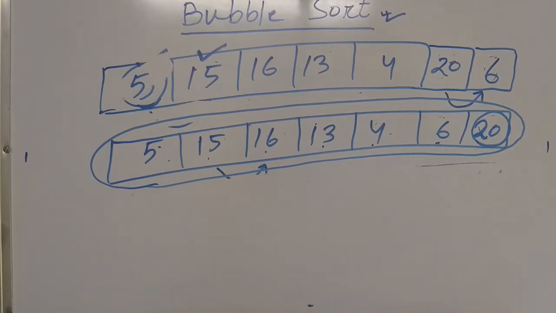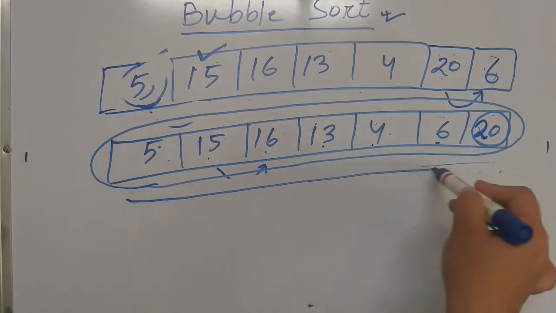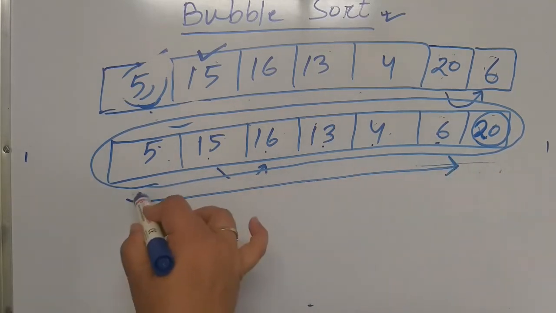After the first pass, the largest element, which is 20, stays at its appropriate position. Then we do the bubble sort within the remaining list.